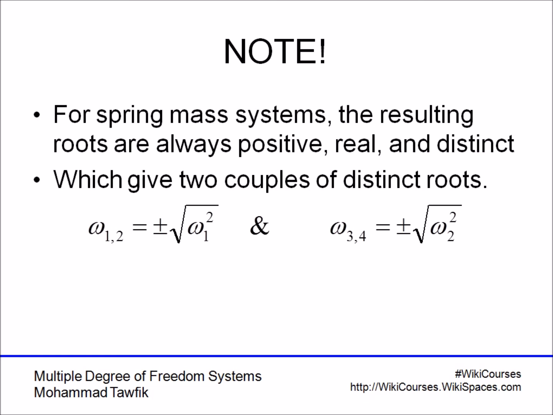Remember, this system is a coupled system, so the motion of one degree of freedom, or one of the masses, affects the motion of the other mass. Thus, we are going to get two natural frequencies. If we extend this logic to a 3 degree of freedom system, you'll get 3 natural frequencies. For a 4 degree of freedom system, you'll get 4 natural frequencies, and so on.